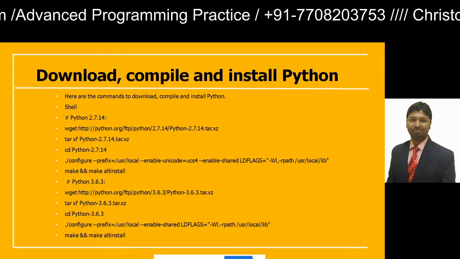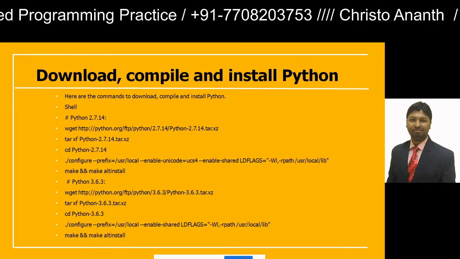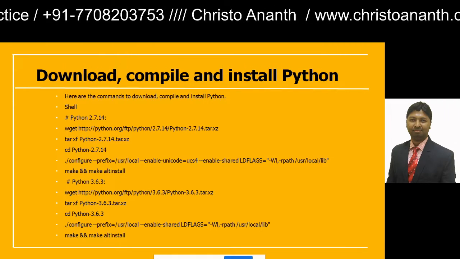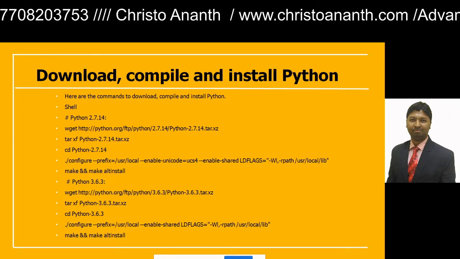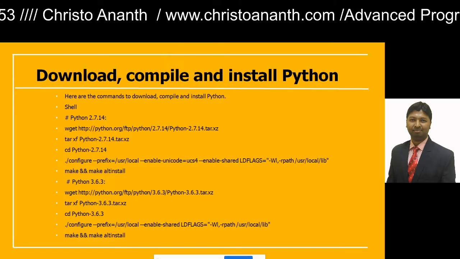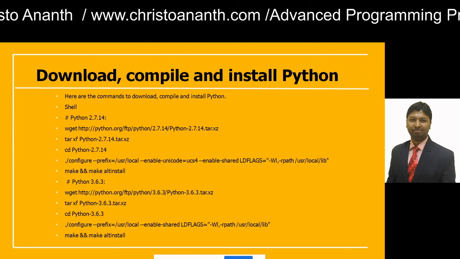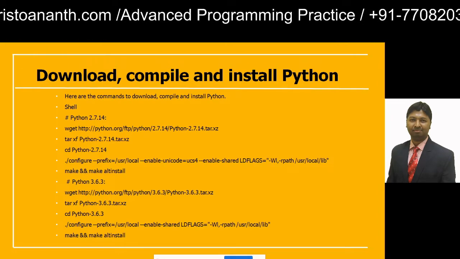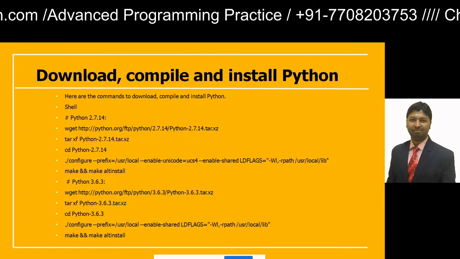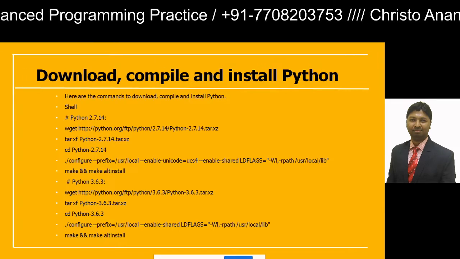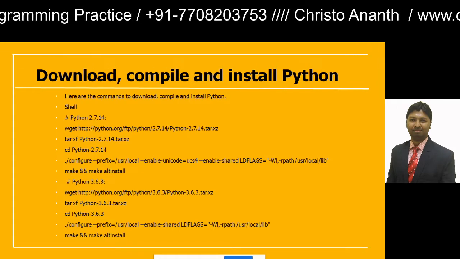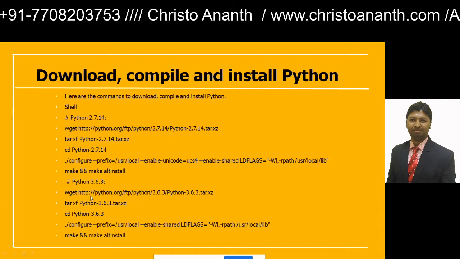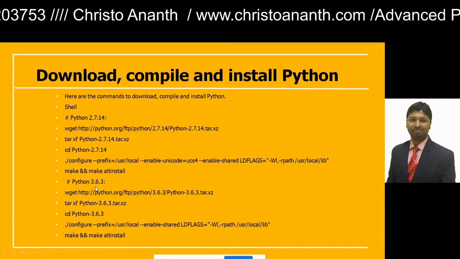Okay, so for Python 2.7.14, you go with wget of the version from the python.org ftp, Python-2.7.14.tar.xz. Within the tar file of the Python 2.7.14 version, you change the directory, and you make altinstall the version. The same thing happens with the 3.6.3 version as well.